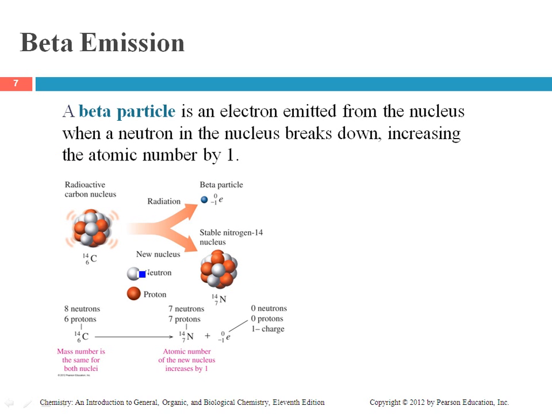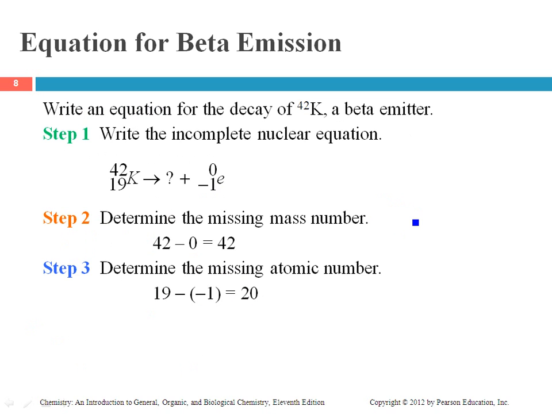Now we're going to look at a beta particle emission from the nucleus. This is going to be very similar to how we balance these. This is an example here, showing a balanced equation. We have 0, so we have to know what our beta particle looks like: an electron. If we were asked to write the equation for the decay of potassium-42, 42 is our mass number, and we look for potassium on the periodic table.